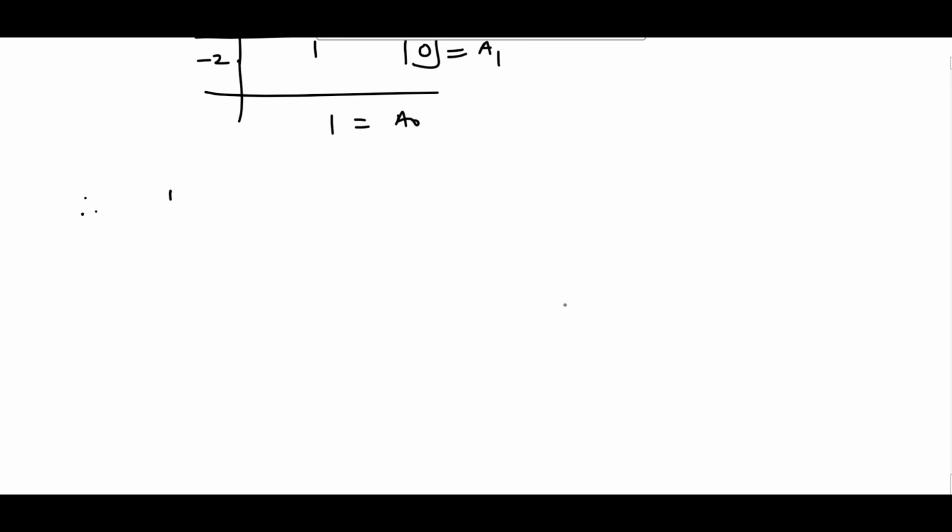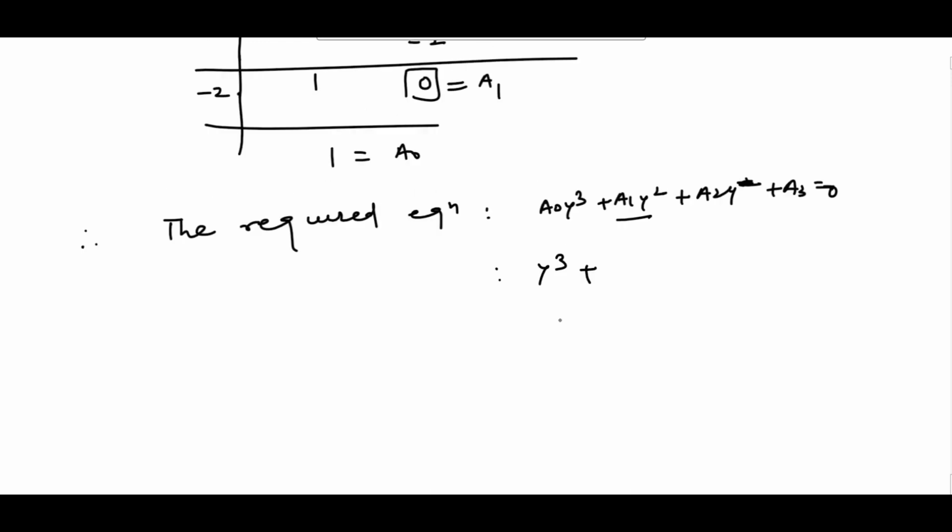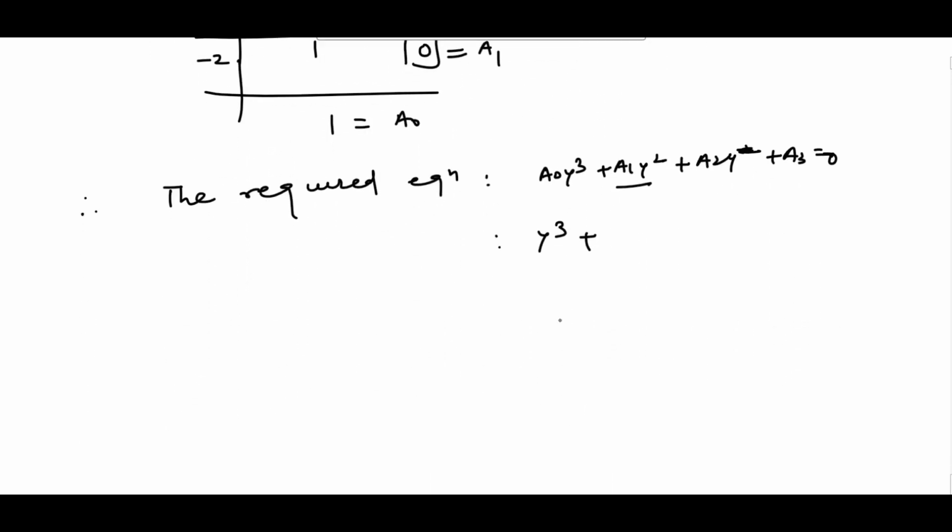So we can say the required equation will be a naught y cube plus a1 y square plus a2 y plus a3 is equal to 0. Put all the values: it will give y cube, it will give 0, and the value of a2 is negative 3, and plus 2, that is negative 3y plus 2 is equal to 0. So our required equation will be y cube minus 3 times y plus 2 is equal to 0.